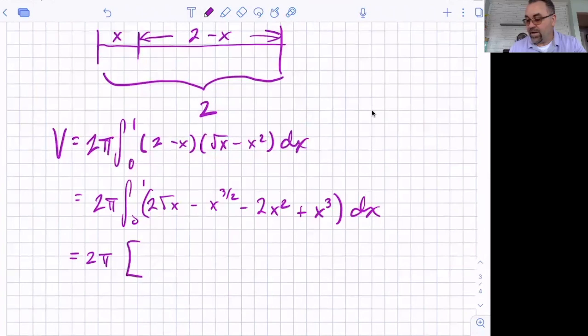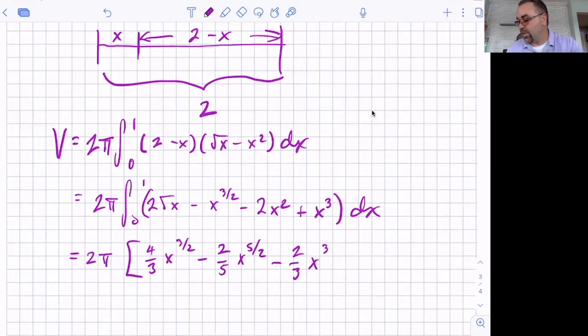Now this is going to be 2/3 x to the 3 halves times 2, so we get 4/3 x to the 3 halves minus 2/5 x to the 5 halves minus 2/3 x to the third plus x to the 4th over 4. Now I evaluate that from 0 to 1, and that will give you the volume of this new solid of revolution.